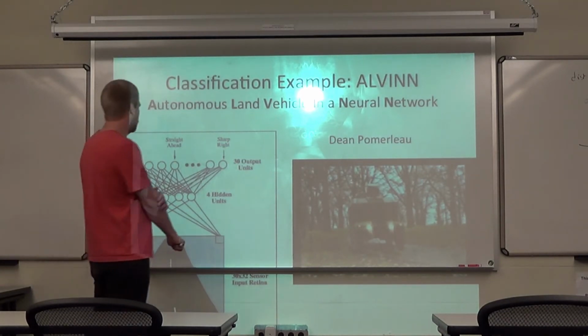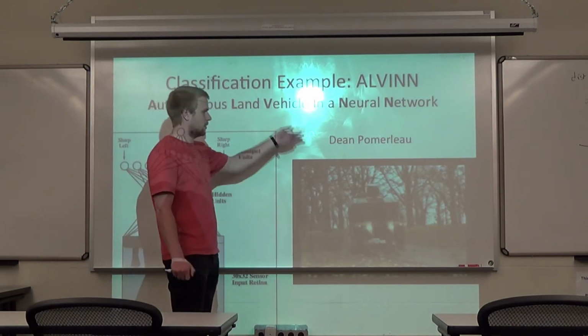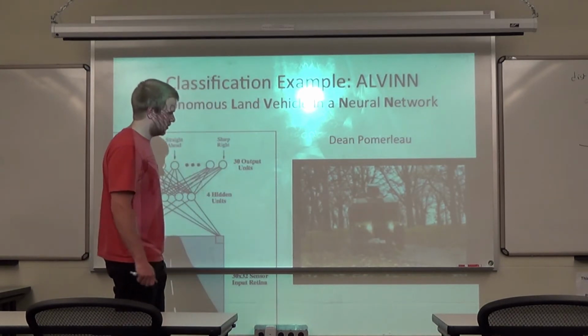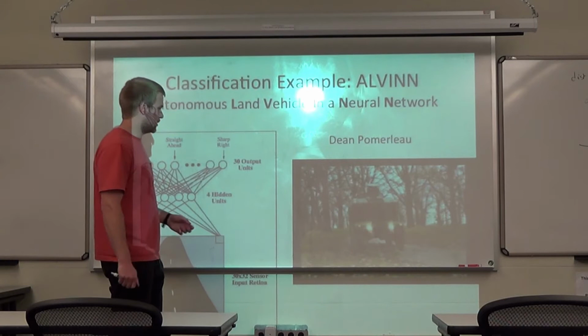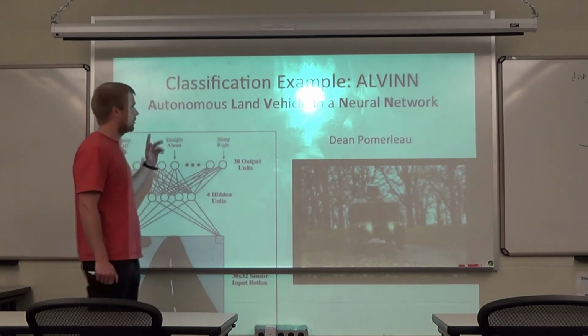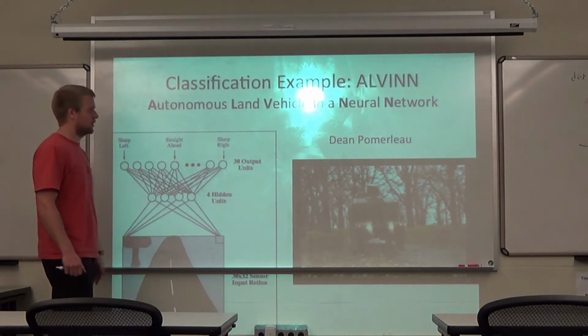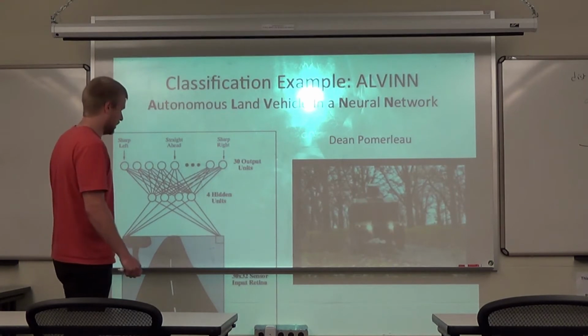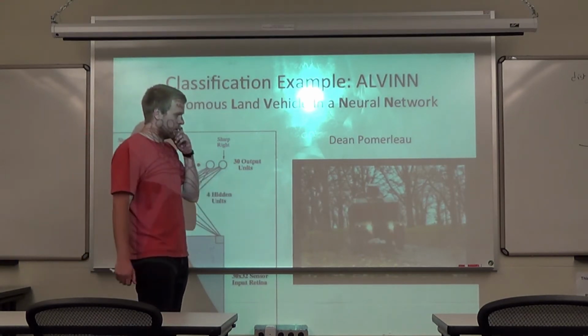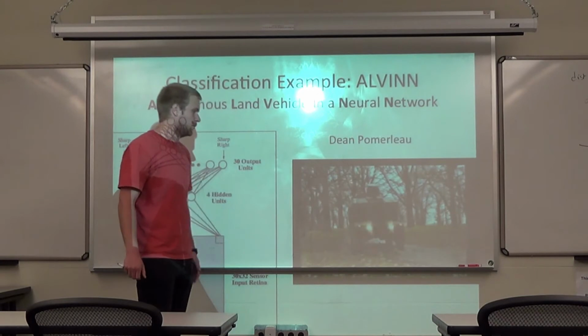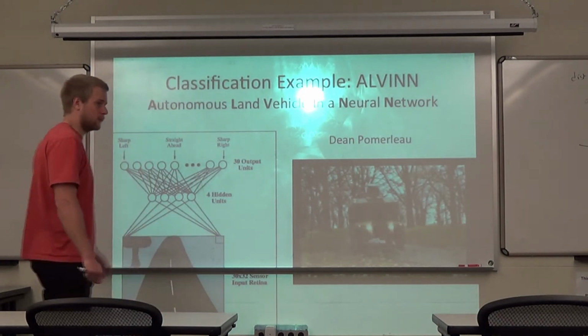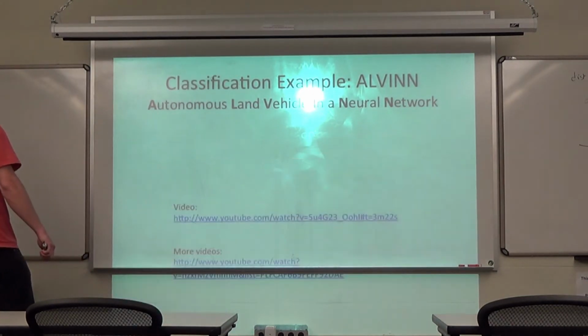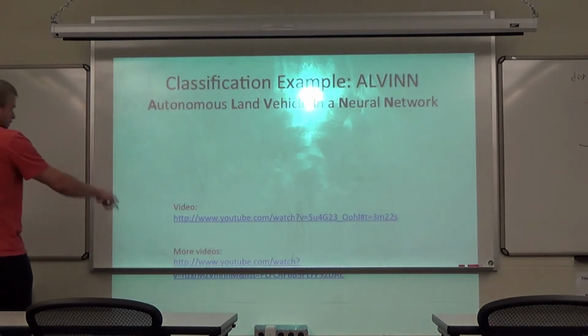I think it was in the 90s, Jean Pomerleau, then a PhD student here, was working on using neural networks to create an autonomous land vehicle, and it worked pretty well. This is it driving through Flagstaff. If you're interested, there are some videos about it.